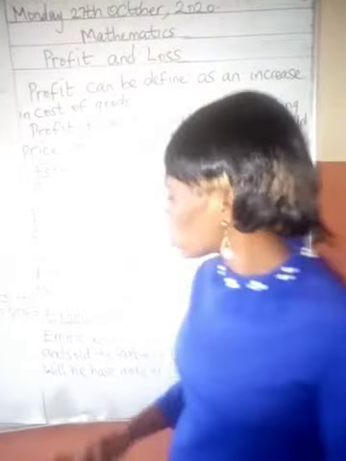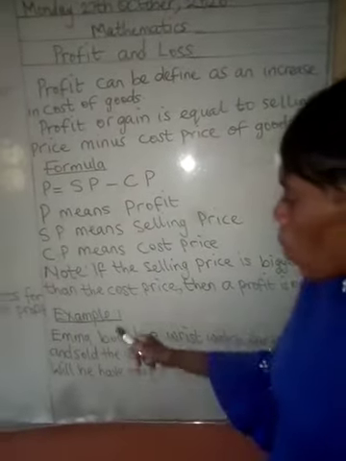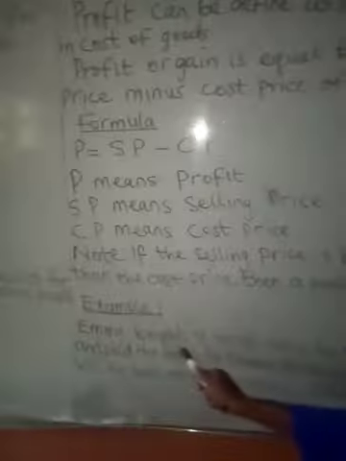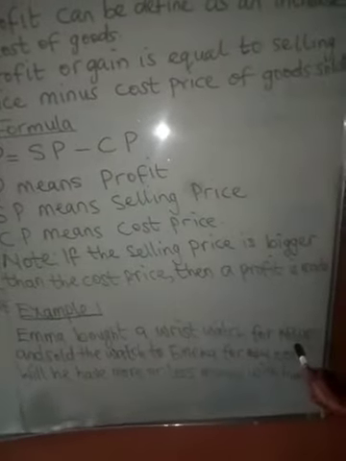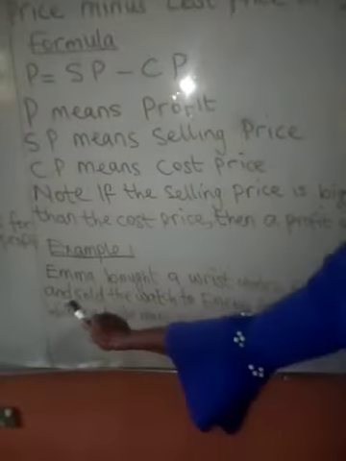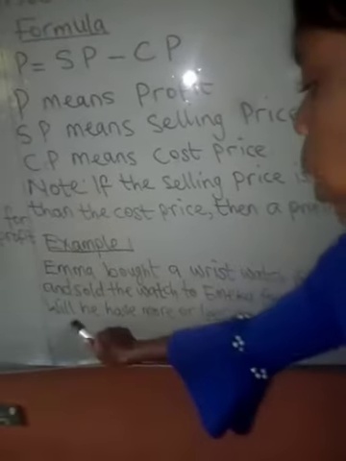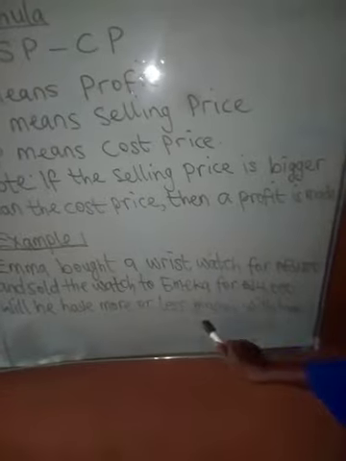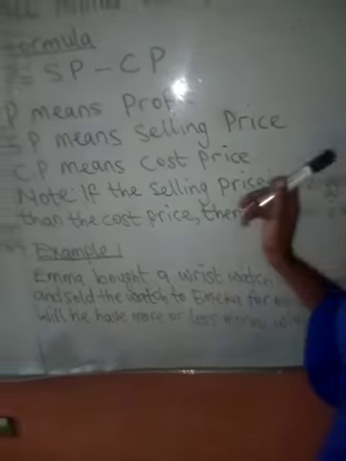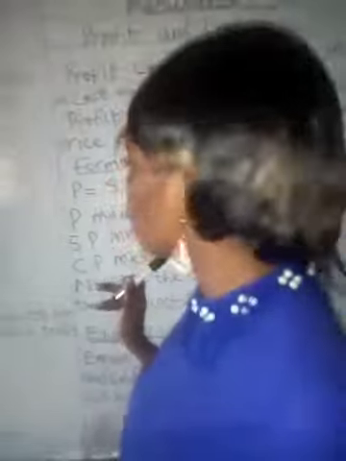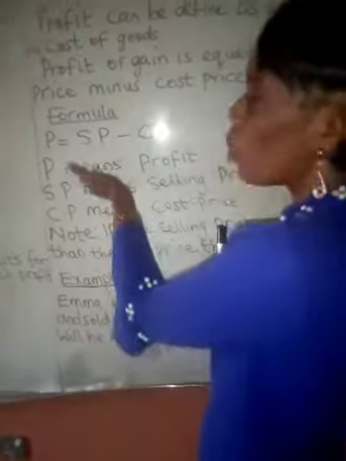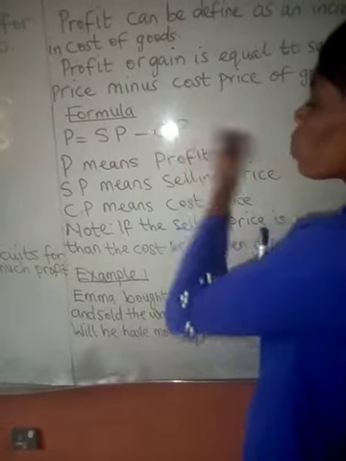Now let's look at the examples that we have on the board. Number one says, Ima bought a wristwatch for 3,400 naira and sold the watch to Emeka for 4,000 naira. Will he have more or less money with him? How do we know if he will have more or less money with him? We use the formula: selling price minus cost price.